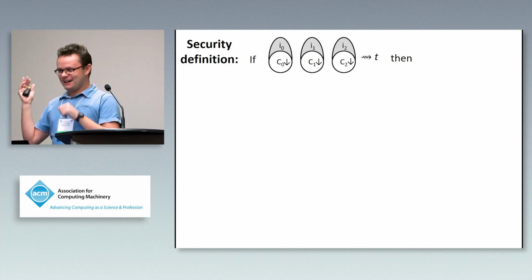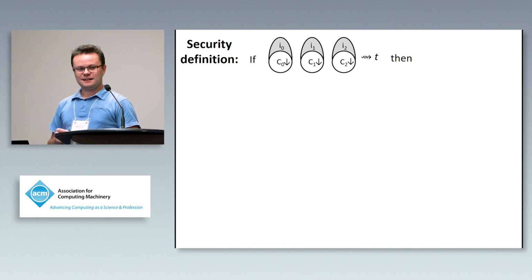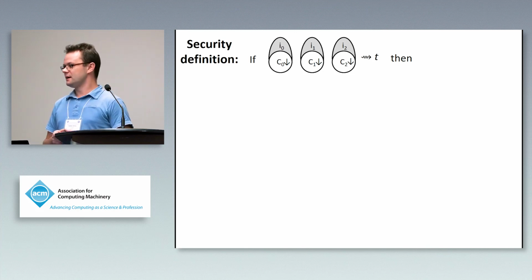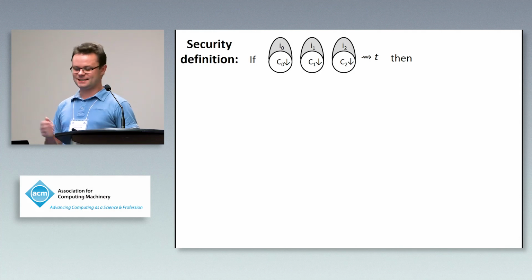And before I explain how this trace is explained, some notation. I'm assuming this example compartmentalized application with 3 components, C0, C1, and C2, with interfaces I0, I1, and I2, which capture their privileges.